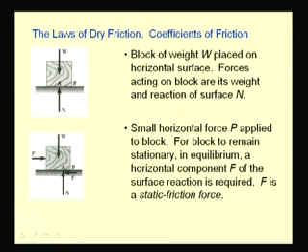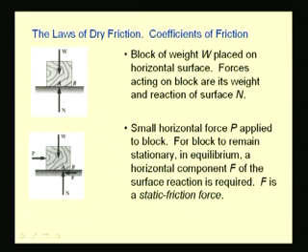When a small amount of force P acts on this body, then a corresponding amount of frictional force develops at the contact between A and B, and this is what we call the static friction, because the object is still at rest, and so this frictional force that is developed is the static frictional force.